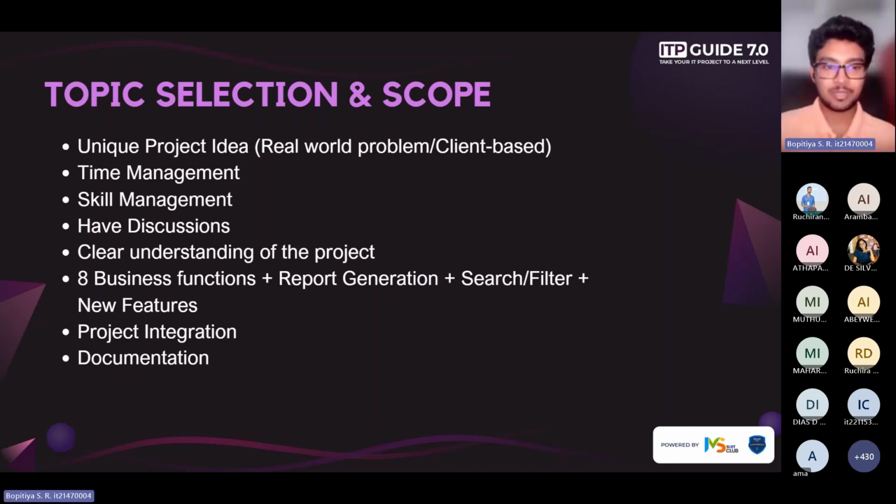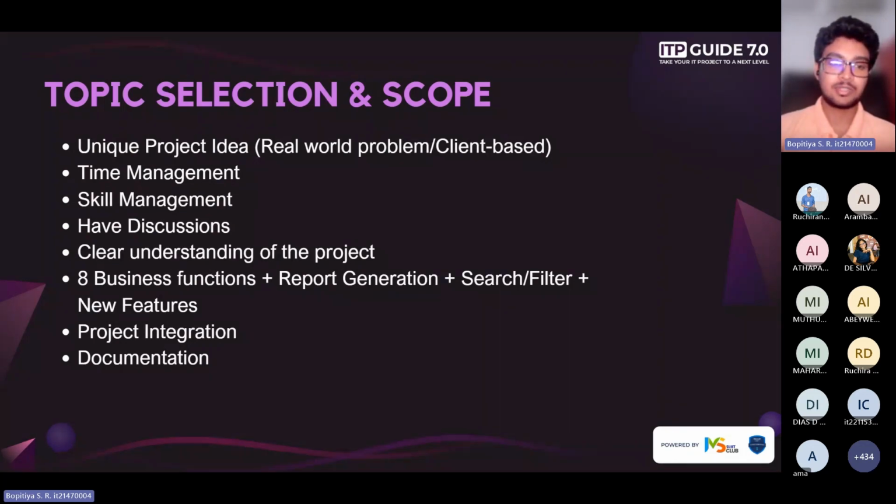But when you start thinking of skill management, you need to start focusing on aspects such as don't make your project too complex. Don't include all this AI and machine learning and stuff that you don't think you can implement. Think of stuff that you can do, right?